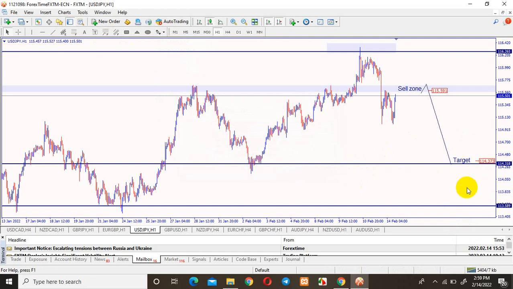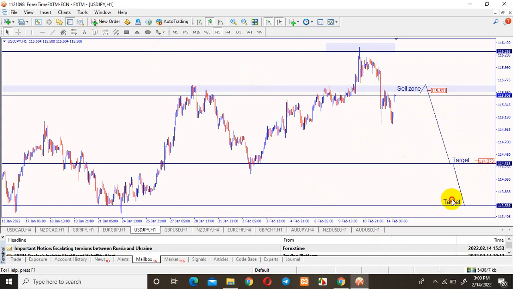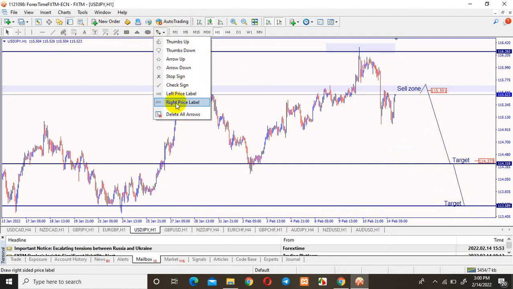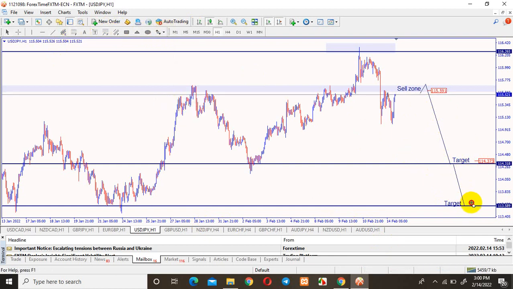So that should be our target profit. And if it moves further down, we target another zone. So our second target should be around 113.651.